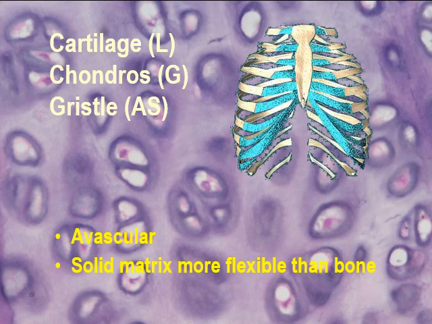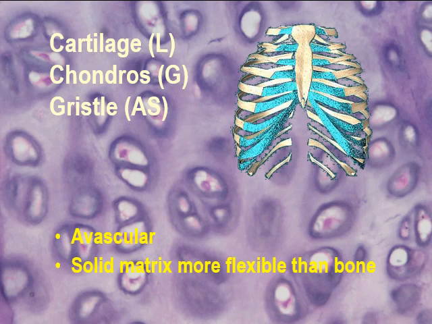Cartilage is a Latin term. The Greek word for cartilage is chondros, from which we get chondrocytes, which are cells that inhabit cartilage. If you have cartilage in your food, we call it gristle, an old English term. Here you're looking at the cartilage of the rib cage, shown in blue.